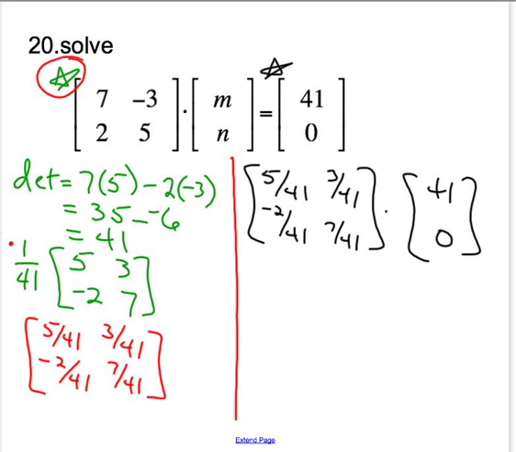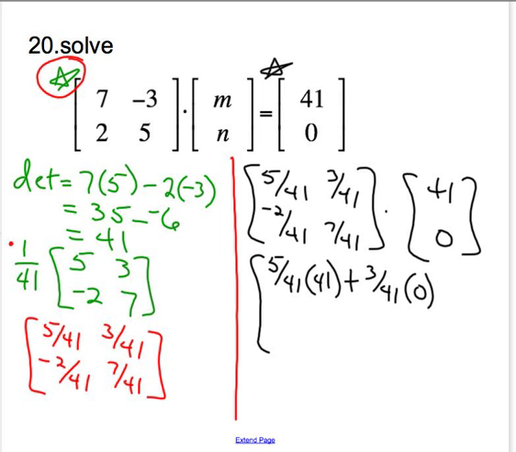Matrix multiplication is the same as it was from the beginning of the chapter. Multiply rows of the first, columns of the second. So if I do that, I'm going to multiply 5 41sts times 41 plus 3 41sts times 0, row 1 times column 1.